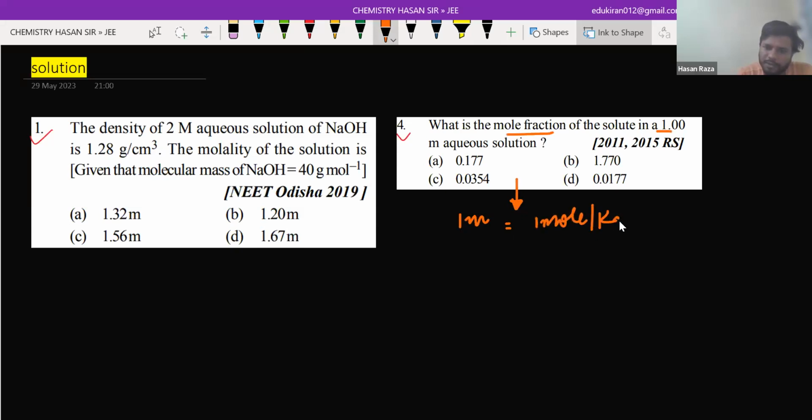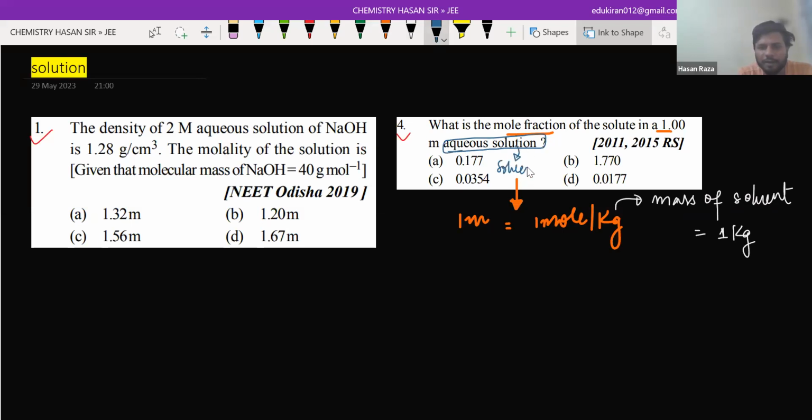In molality, this per kg is the mass of solvent, so the mass of solvent is 1 kg. Also, it is an aqueous solution, which represents that the solvent is water.